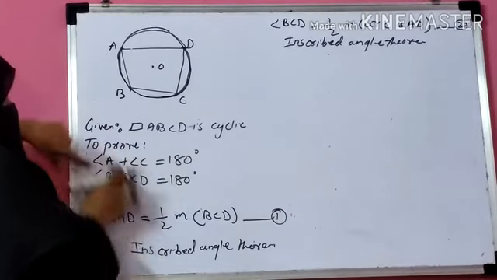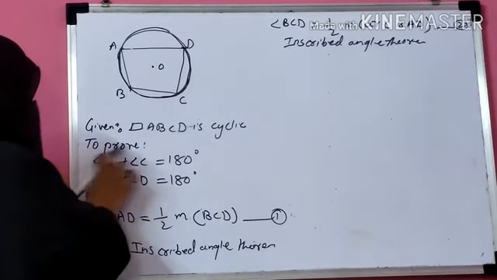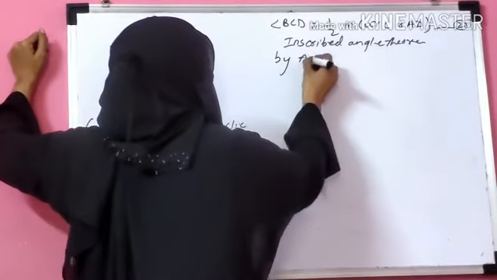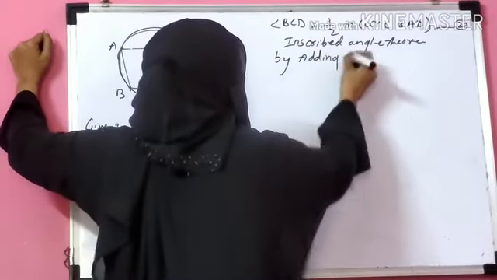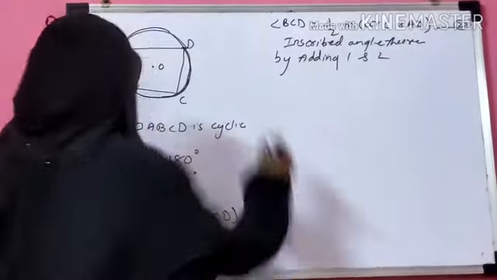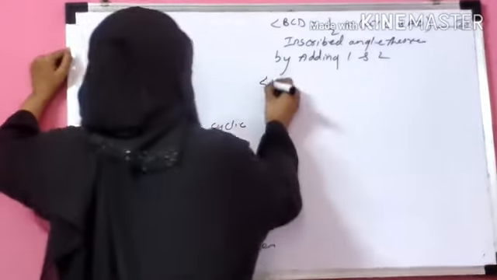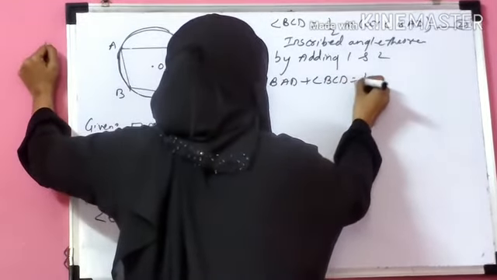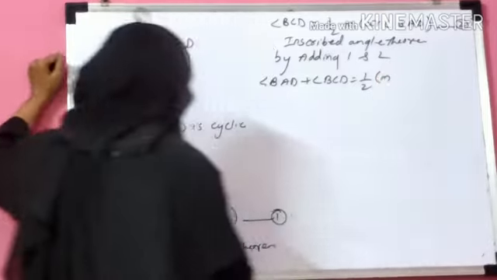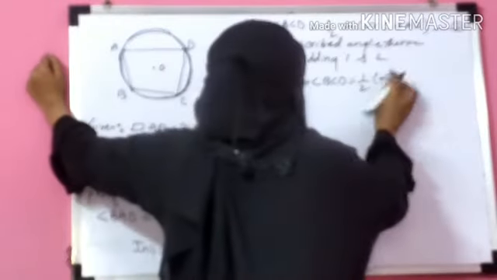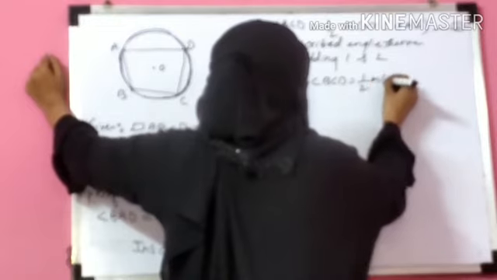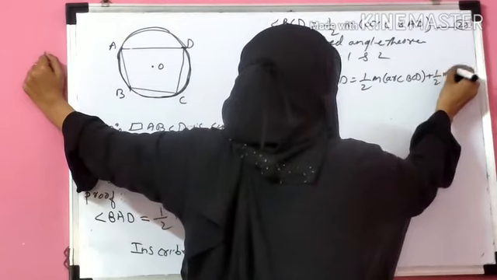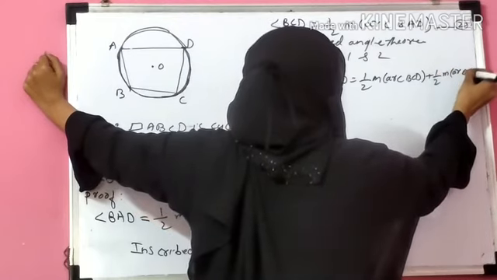Now add 1 and 2. You need in the addition part, angle A plus C is equal to 180, which you have to prove. By adding 1 and 2 you get angle BAD plus angle BCD is equal to half of the measure of arc BCD plus half of the measure of arc BAD.